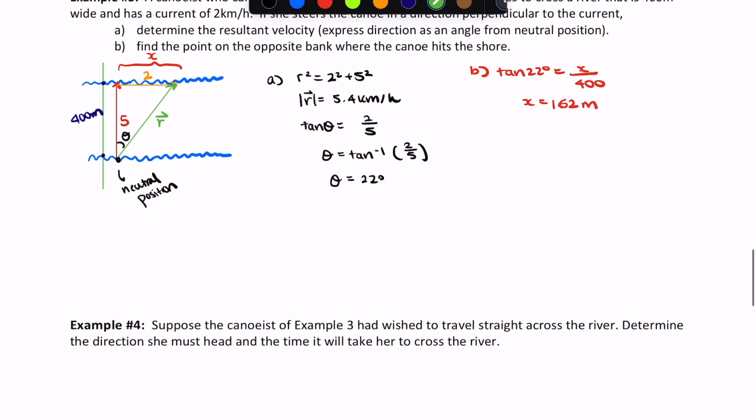So firstly, the resultant velocity is 5.4 kilometers per hour, and then 22 degrees downstream with the current.